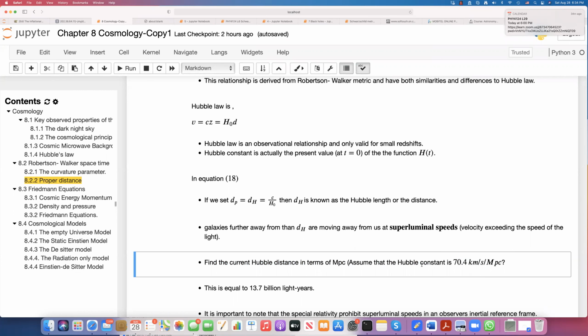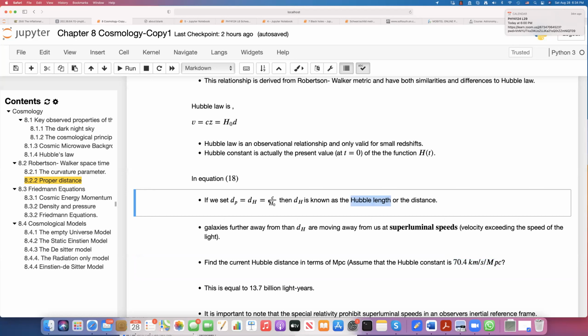I have given the Hubble constant, and the velocity of light is, let's say, 3 times 10 to the power of 5 kilometers per second. So you have the two numbers. What I want from you is the Hubble distance, the Hubble length. You have the equation right here as well. Calculate the Hubble length in megaparsecs and post it to the chat window. I will give you a few minutes for that.